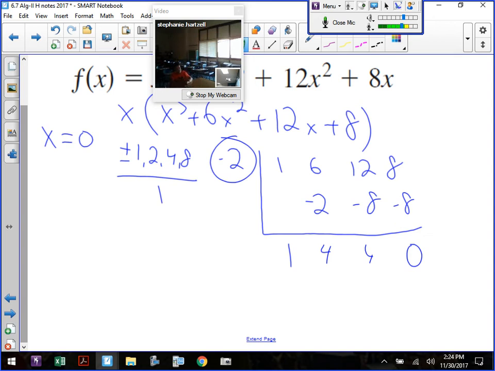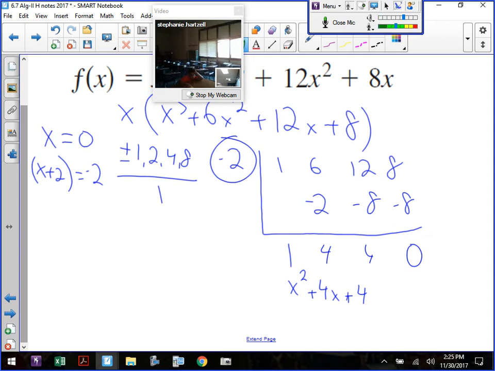We get a 0 then at negative 2. If negative 2 gives me a 0, what's my term? It's x plus 2. So over here on my side, I'm keeping a running tally. I have my zeros and my terms. And now I'm at a quadratic, aren't I? I'm at a quadratic of x squared plus 4x plus 4.